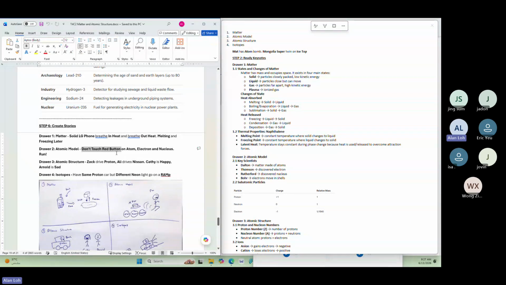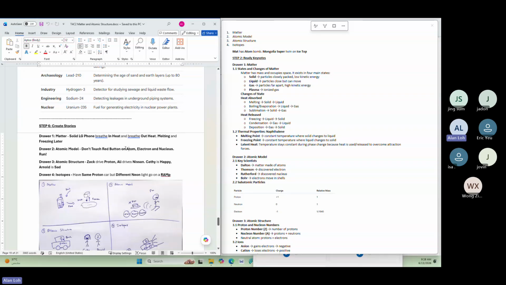Then you have atom, electron, nucleus, then they are running, right? So atom is reflecting something related to Dalton, right? So then electron is to reflect on something related to the discovery of Thomson. So this atom is number 1, electron is number 2, nucleus is number 3, run is number 4.